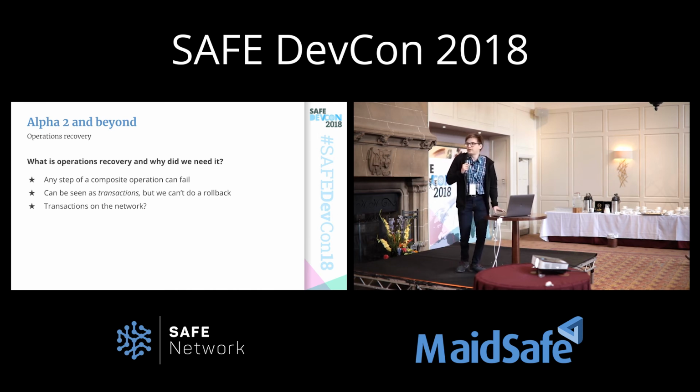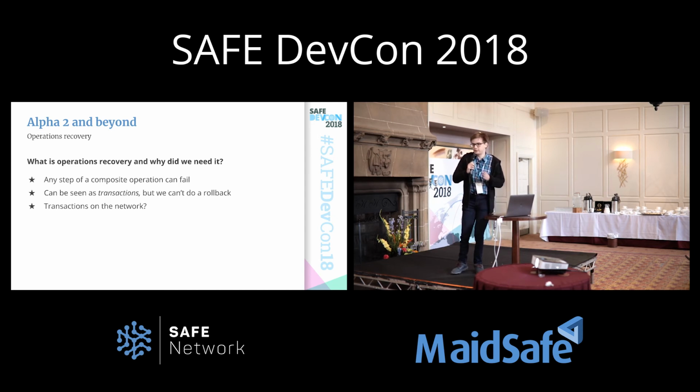And the problem with that is that each of those operations can fail. So we considered different approaches to fix that. And one of the approaches was to introduce transaction support on the network. But we quickly decided against this idea because it adds so much complexity that we don't have time to do that.